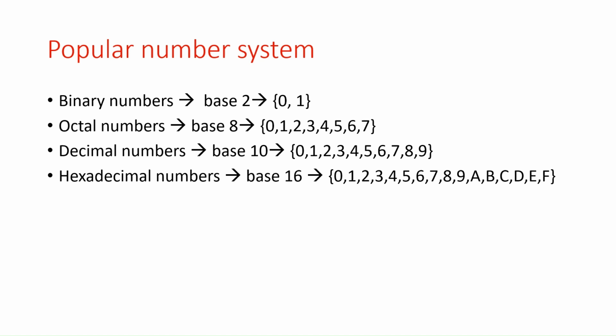So from 0 to 15, there are a total of 16 unique digits that can be used in the hexadecimal number system. Now, because there are so many number systems, there needs to be a conversion method from one number system to another.